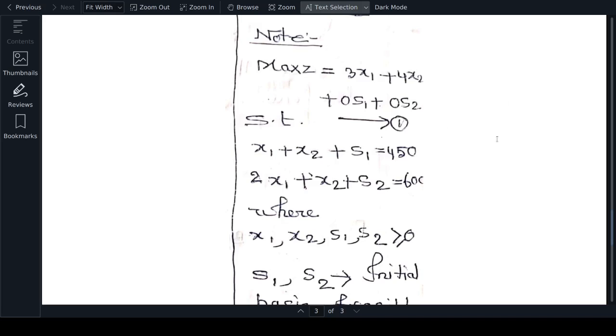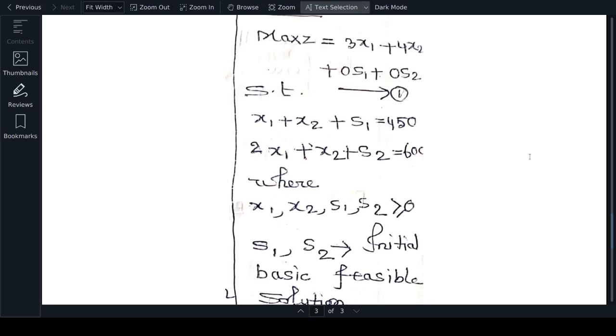Here S1, S2 are called the initial basic feasible solution, and this is called the basic variable.